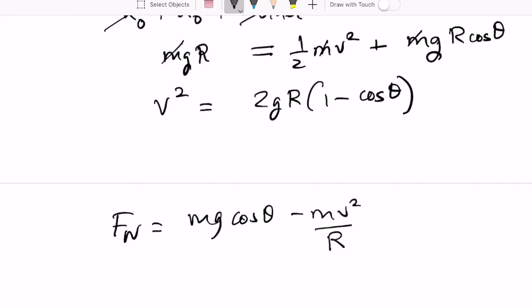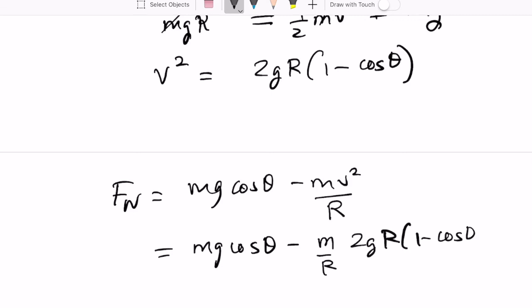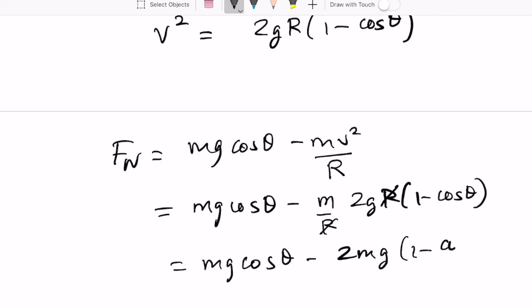We can plug this v squared in. So Fn would be equal to mg cosine theta minus m over r, times 2gr(1 minus cosine theta). The r cancels. So it's mg cosine theta minus 2mg(1 minus cosine theta).